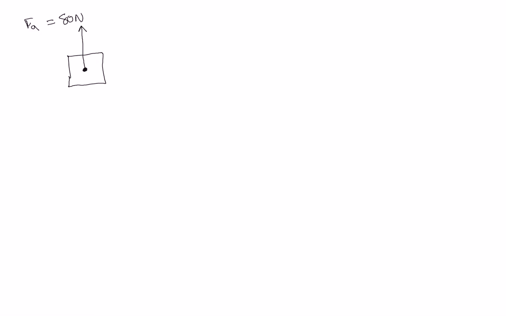So we have some sort of applied force at 80 newtons that way. And let's suppose somebody else is going to push it sideways to the right at 60 newtons. We'll call that one person 1, that one person 2. So we have 80 newtons and 60 newtons going in vectors. In this case, we can't just simply add the 80 and 60 because they're not in the same direction. So we have to take care of this in terms of a vector question.